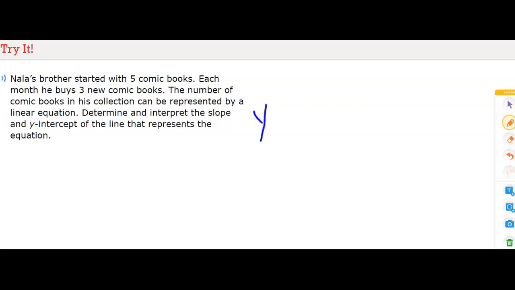So the formula we're looking at is y equals mx plus b. B represents our y-intercept. That's the number you start with. So her brother started with 5 comic books. The x stays the same, the y stays the same. The m represents our slope.